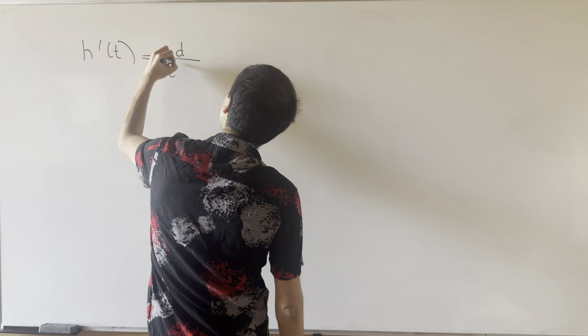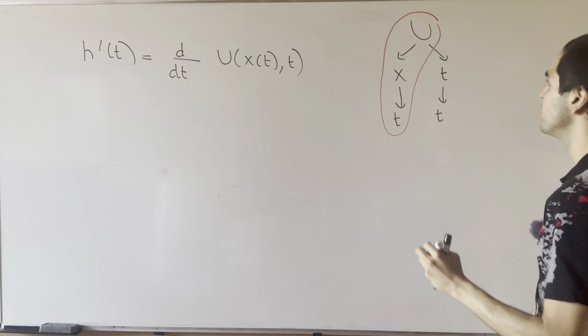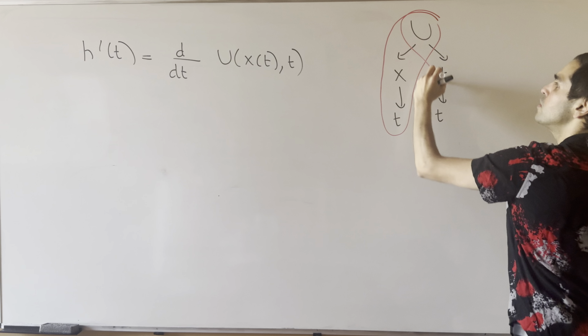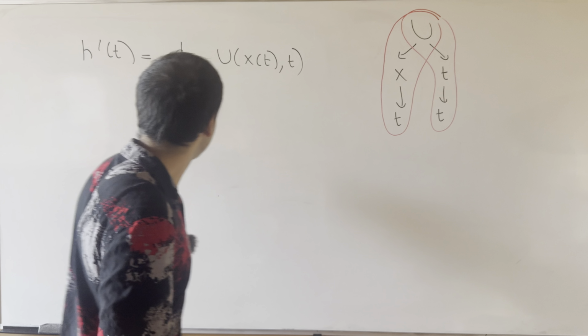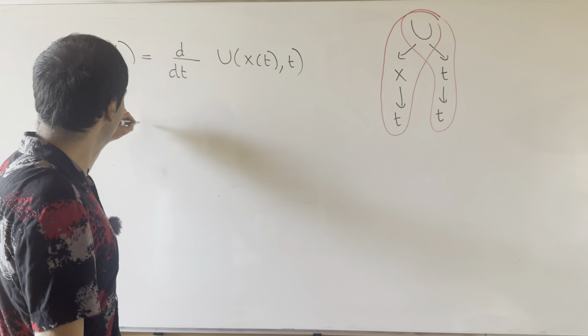We want to use the chain rule because u depends on x and t, x depends on t, and t depends on t. So this derivative is du/dx times dx/dt plus du/dt times dt/dt.